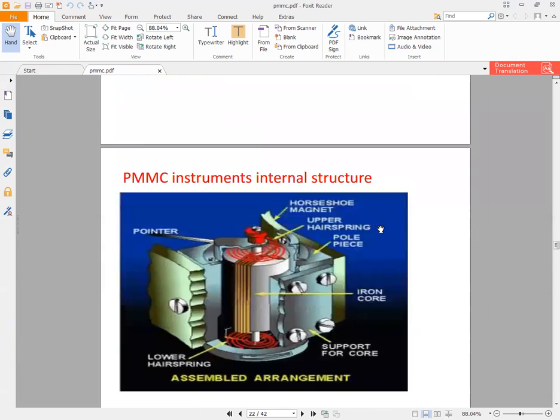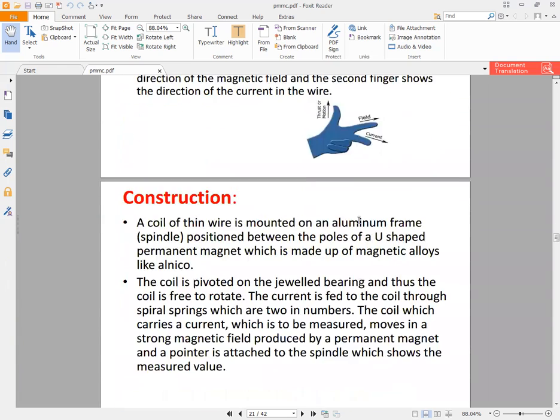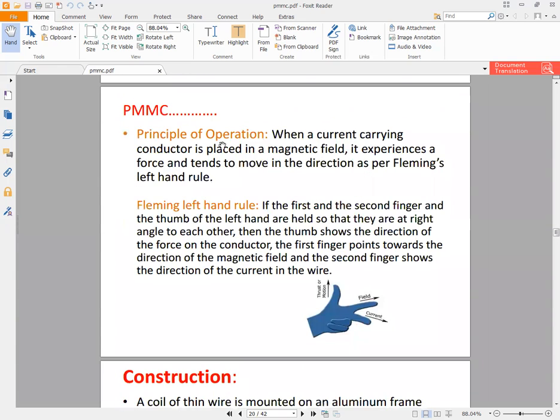So the working principle, or principle of operation, is simply the magnetic effect. Whenever a current carrying conductor is placed in a magnetic field, it experiences a force.